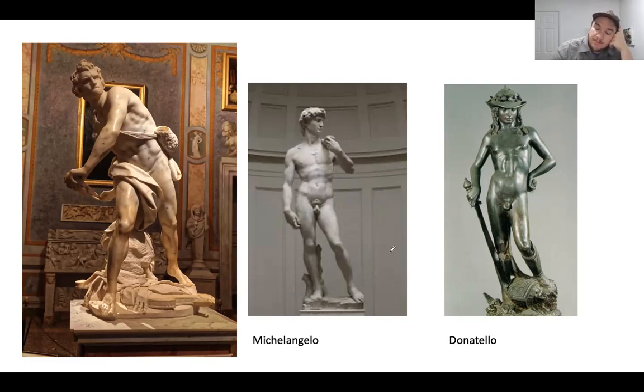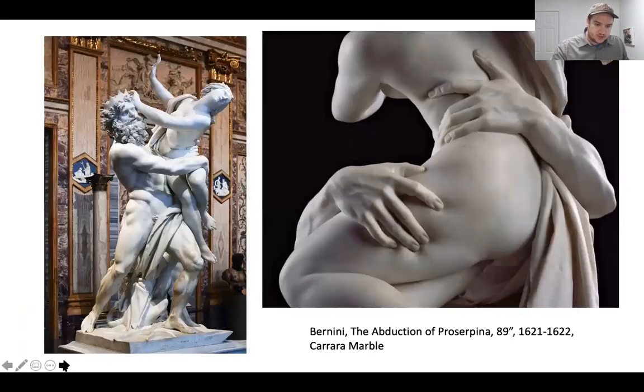So it's before the main action. Whereas Donatello's David is standing on the head of the giant, so it's after the main action. Bernini goes for the height of the action, right before he kills the giant. That's a really good example to get into the rest of the Baroque ideals and what they were aiming at.